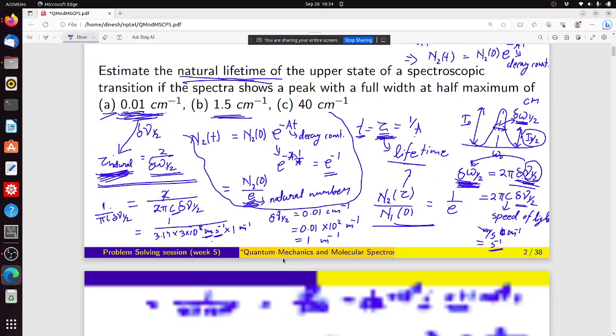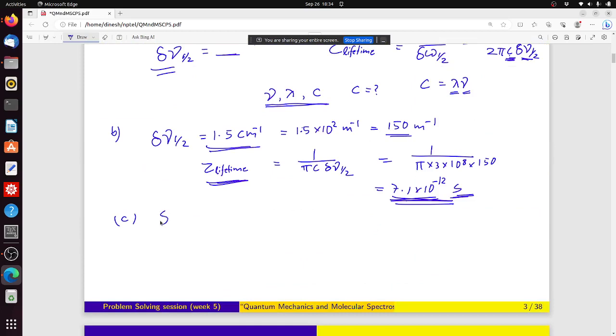It's given 40 centimeter inverse. This is delta lambda half 40 cm inverse. Okay, this is nothing but 4000 meter inverse. Okay, so this lifetime, if you calculate this, you will get, okay, maybe I did some mistake in calculation.